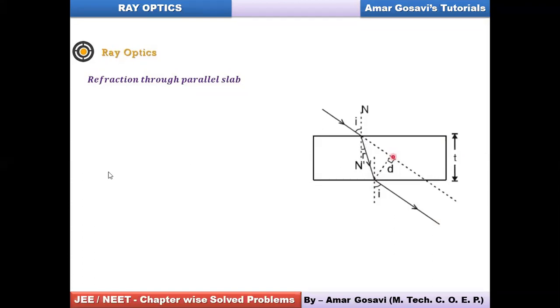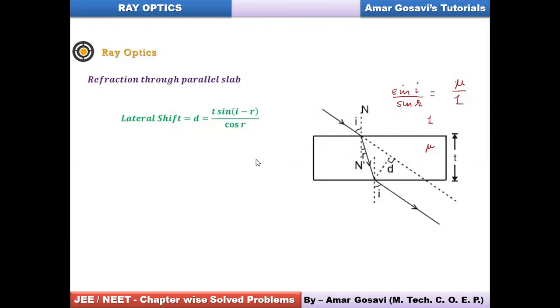Okay. So we need to know what the formula for lateral shift would be. So in this case, lateral shift d will be given by t multiplied by sine of (I minus r) upon cos r. So you need to know this formula. T stands for the thickness of the slab over here. You know very well what I and R stand for.